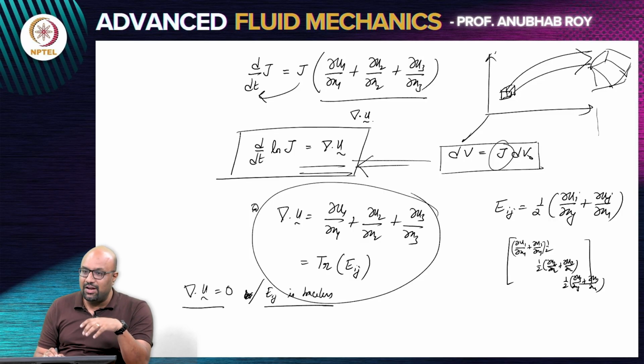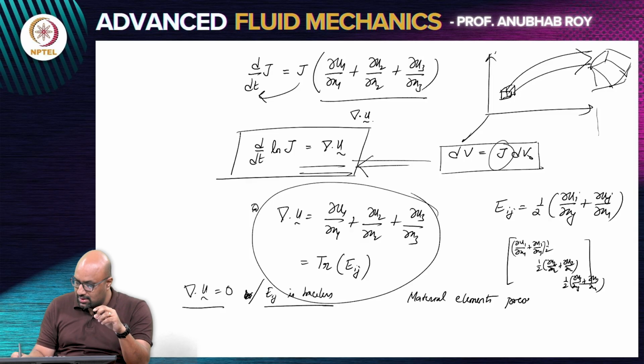When the velocity field is divergence free, in other words the rate of strain tensor is traceless, volume elements or material elements preserve volume for a divergence free velocity field.